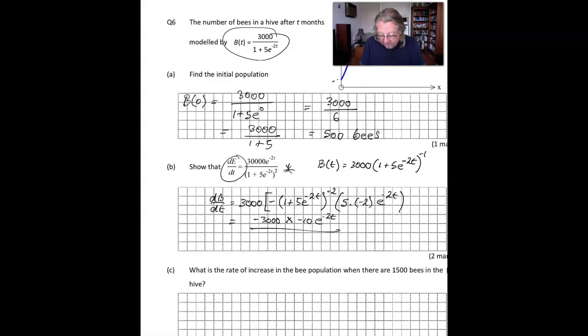And this (1 plus 5e to the minus 2t) to the power minus 2, I'm going to put on the bottom, so it's (1 plus 5e to the minus 2t) squared. And simplifying the top, that becomes 30,000. Negative times a negative is a positive, so it's positive 30,000 times e to the minus 2t over (1 plus 5e to the minus 2t) squared, which is what we're asked to show. Okay.